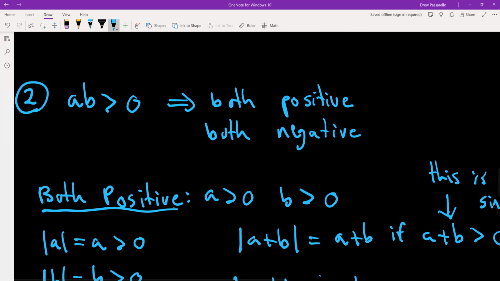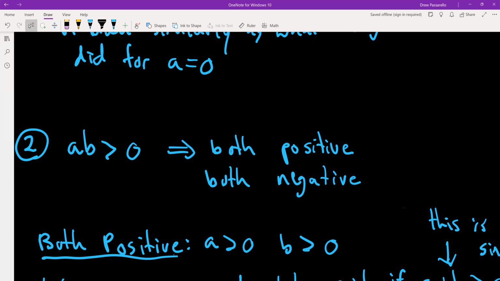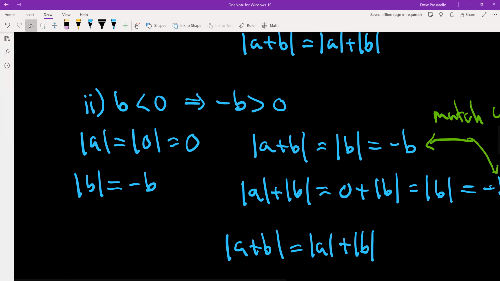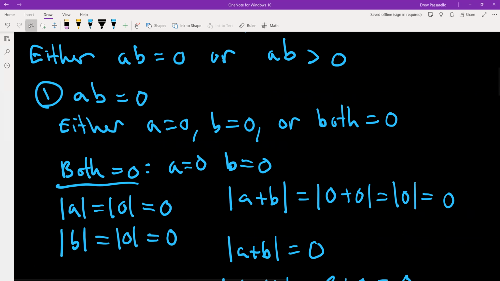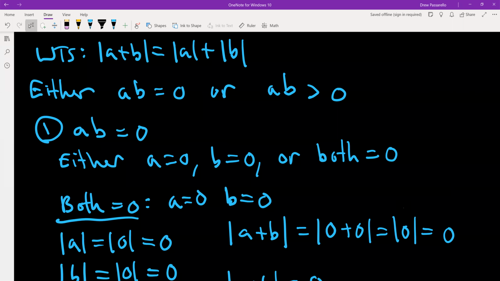All right, so we did the second option when the product is positive. We proved that for both cases, for when a is positive, b is positive, and then a is negative, b is negative. And then we proved for which a times b is equal to 0 for the subcases in which a is 0, b is 0, or both are 0.